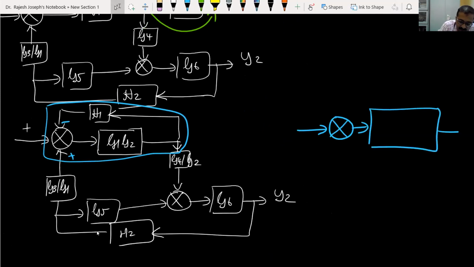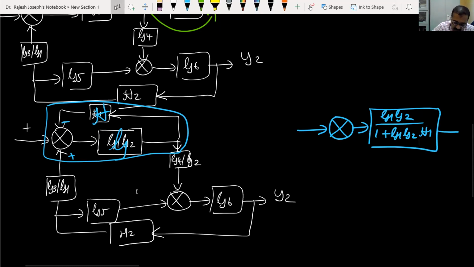What's the block gain? This is G and this is H. G divided by 1 plus GH. So you will get G1, G2 divided by 1 plus G1, G2, H1. This will be the transfer function.